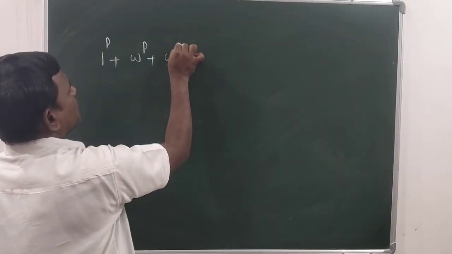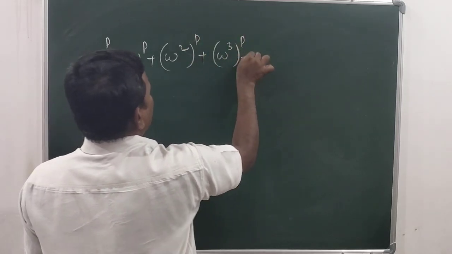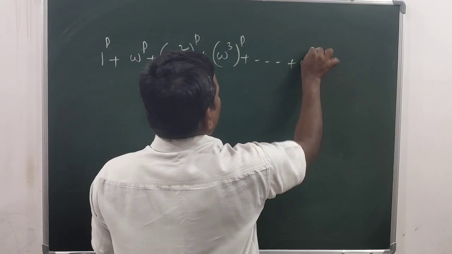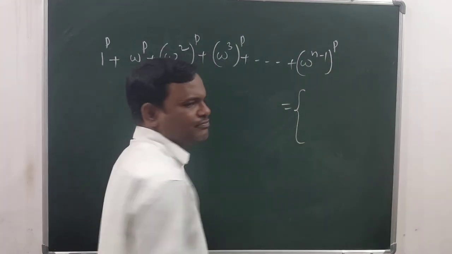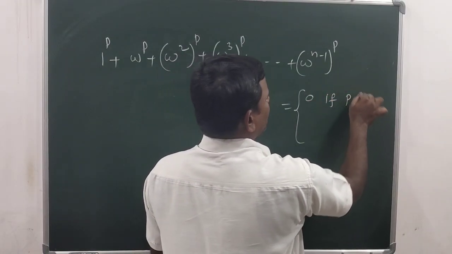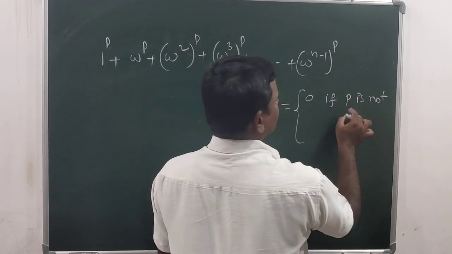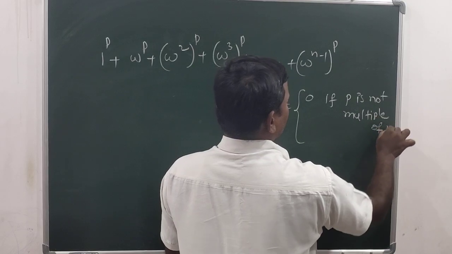And one more important relation you would have to remember. 1 power p plus omega power p plus omega square whole power p plus omega cube whole power p and so on, up to omega power n minus 1 whole power p. This result would be 0 if p is not a multiple of n.